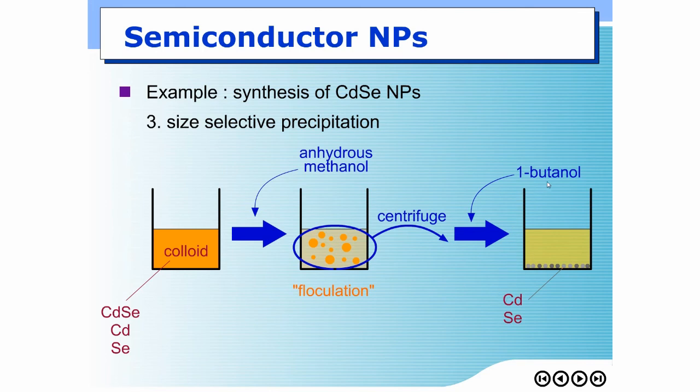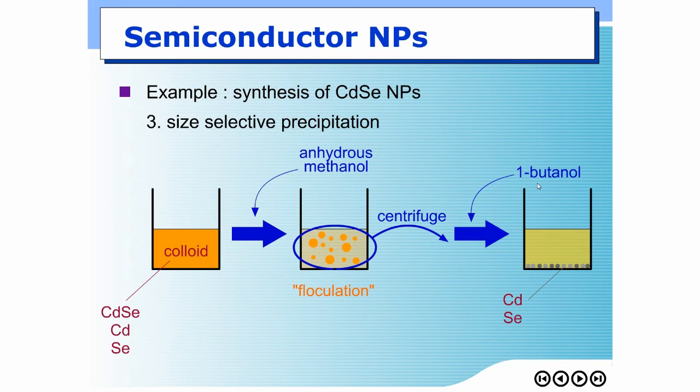Why 1-butanol? The reason we need butanol here is that cadmium and selenium do not have high solubility in butanol, but cadmium selenide can suspend in butanol in a stable manner.